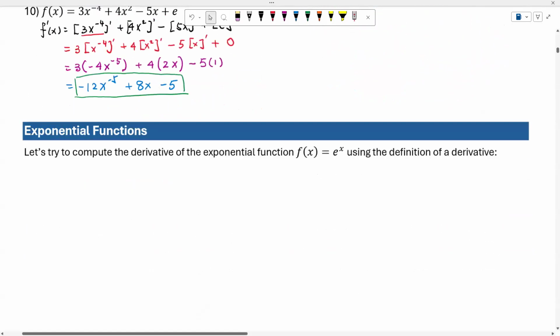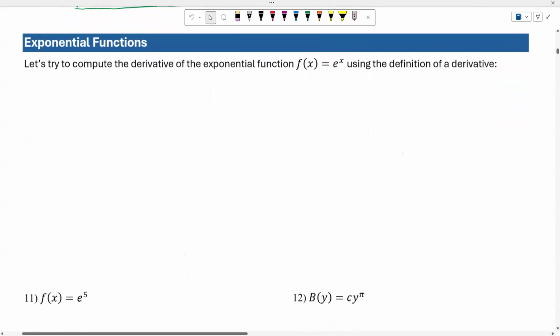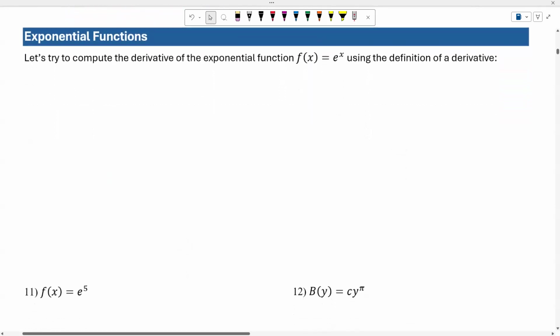Now let's see how we actually take the derivative of e to the x. It is an exponential function. In this case, I would like to use the definition to take the derivative.